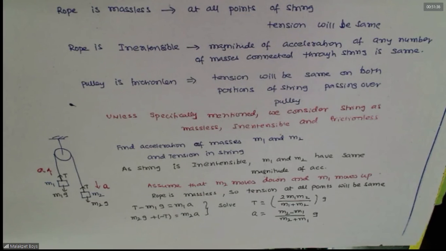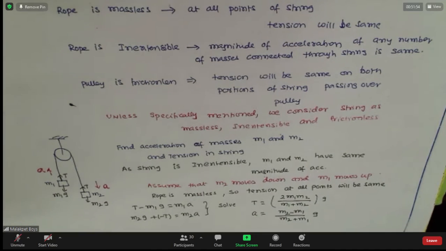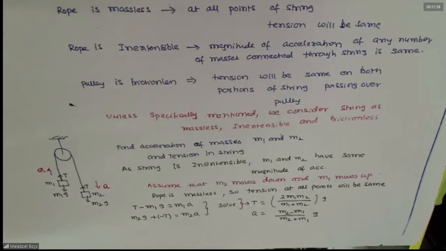Sir, how did we get tension as 2 M1 M2 divided by M1 plus M2 into G? Solve this. After solving both equations you'll get this.